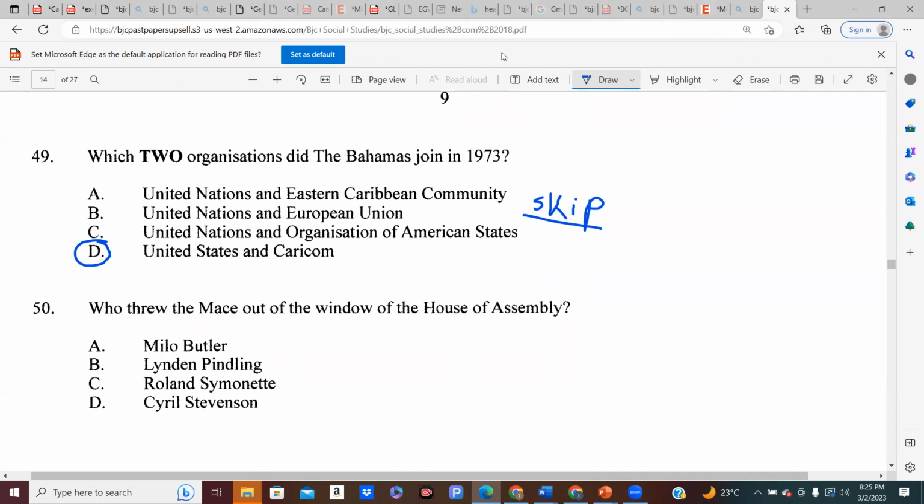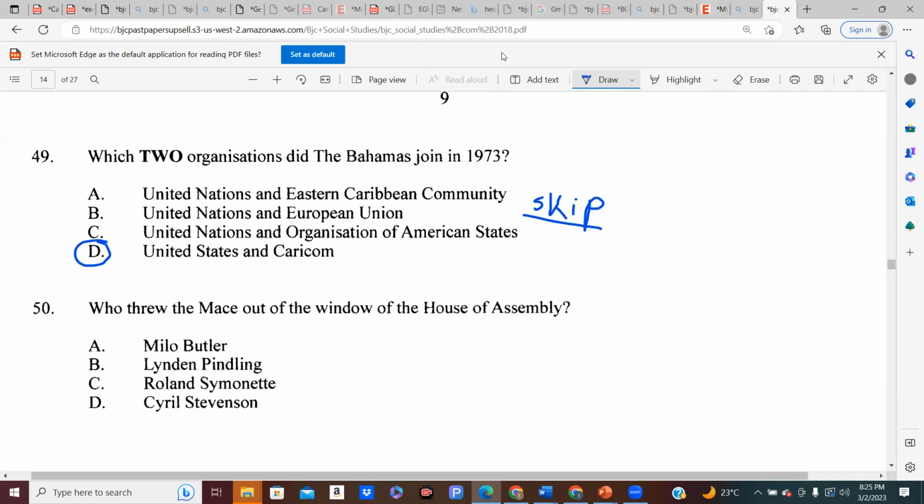Number 50. Jennifer, can you read that for me, please? Okay. Who threw the mace out of the window of the House of Assembly? A, Milo Butler. B, Lyndon Pindling. C, Ronald Simonet.